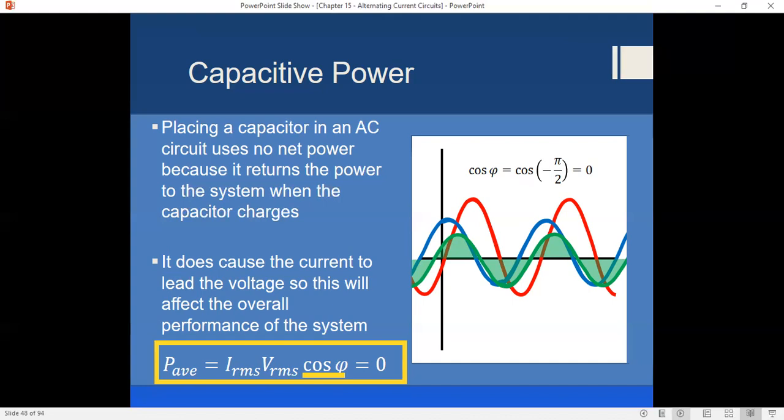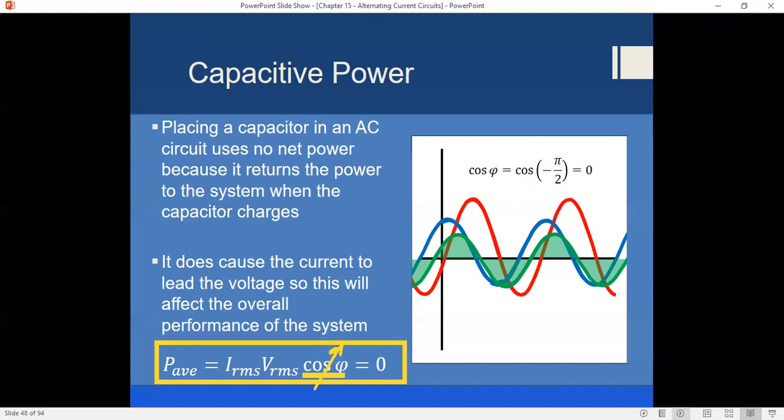Now for the resistor, that was zero. So the cosine of zero was just 1, and our power was just current RMS times voltage RMS. But now what we see here is that the cosine of this 90 degrees, cosine of negative 90 degrees, in fact, is zero.